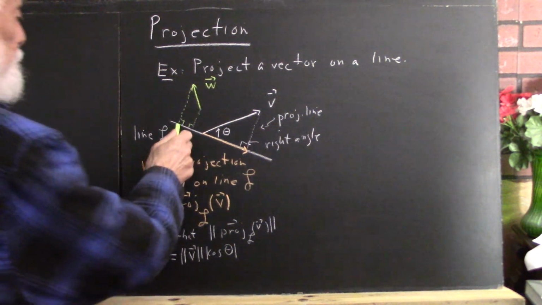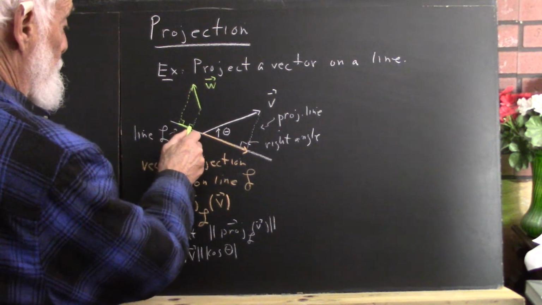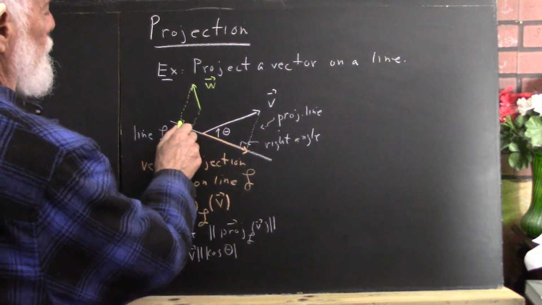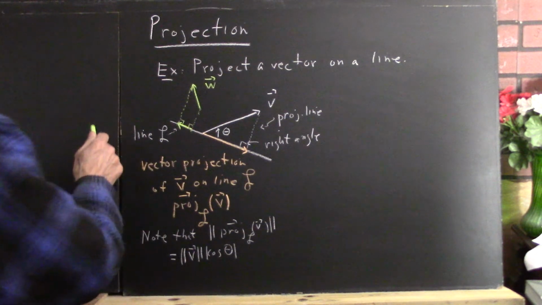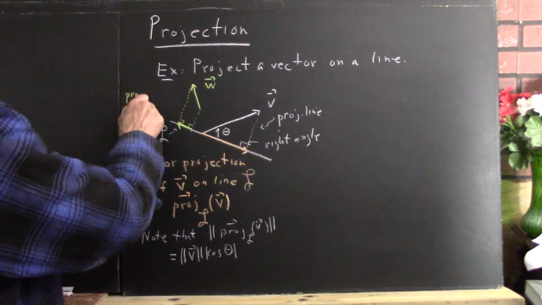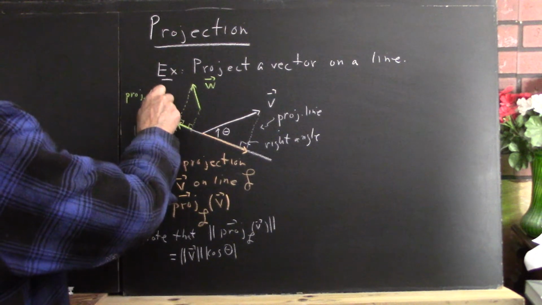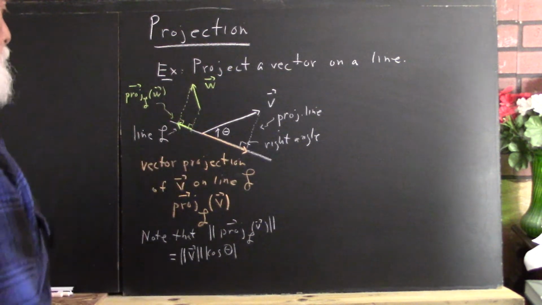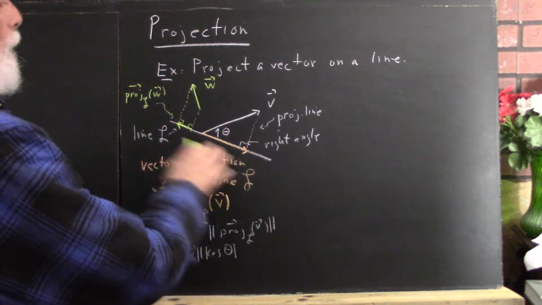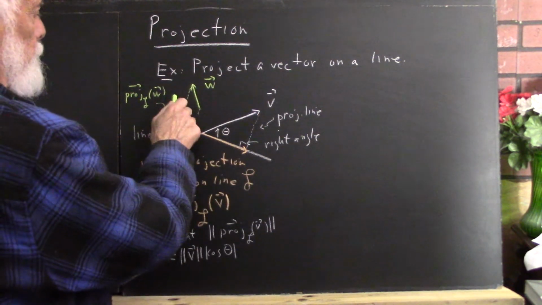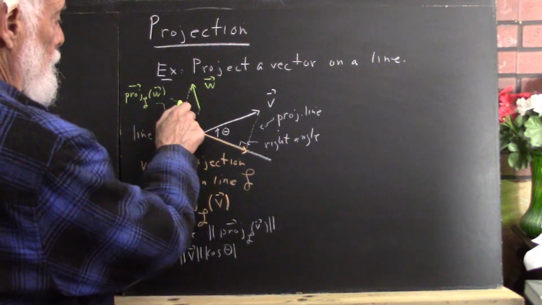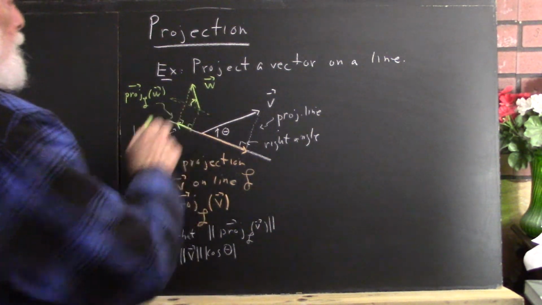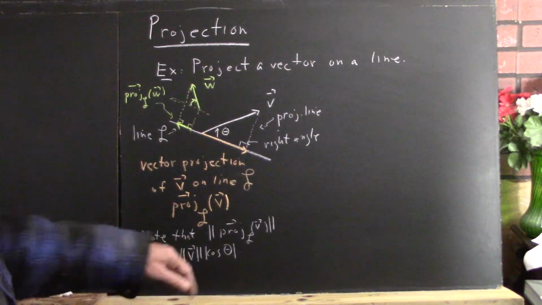Then the projection goes from the projected initial point to the projected terminal point. So right here is the projection onto L of W. And of course, W makes an angle with the direction of the line. So if we sketch a little segment here, we have an angle here that we could use the same as we did the angle theta here.